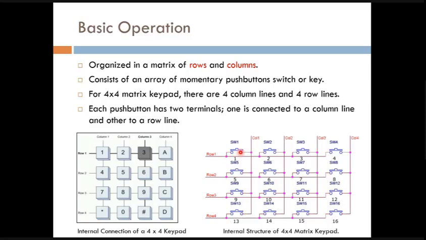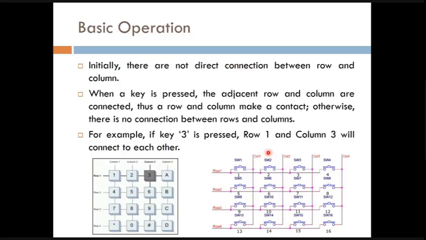Whenever the user presses a specific button, let's say SW2, this means that column 2 and row 1 will be connected. That one will be discussed in detail later on. Basically, between column and row there will be no connection unless the push button is pressed.